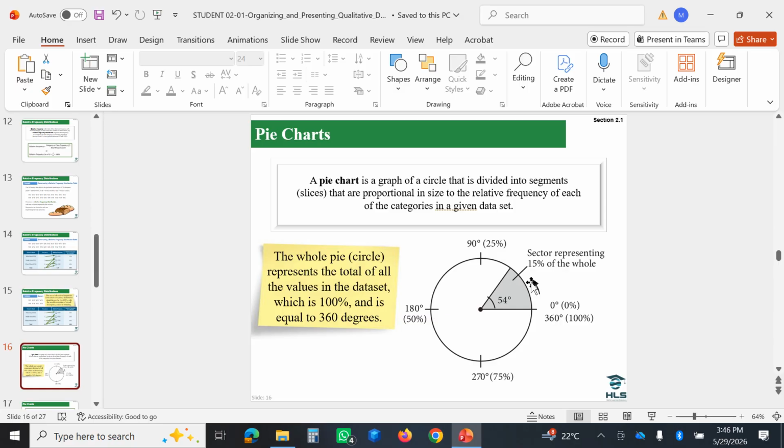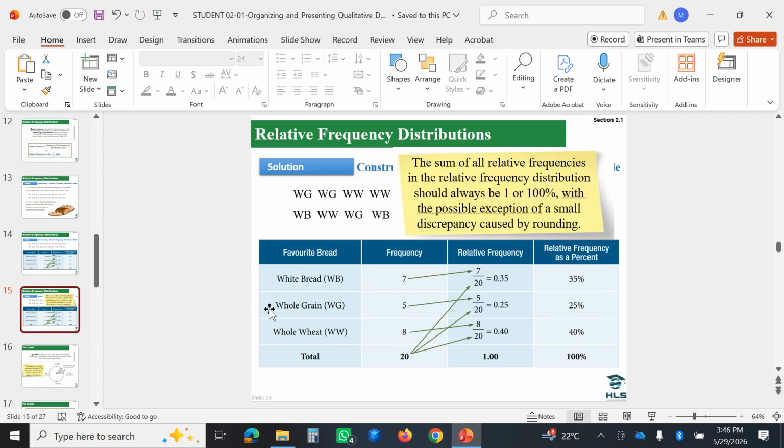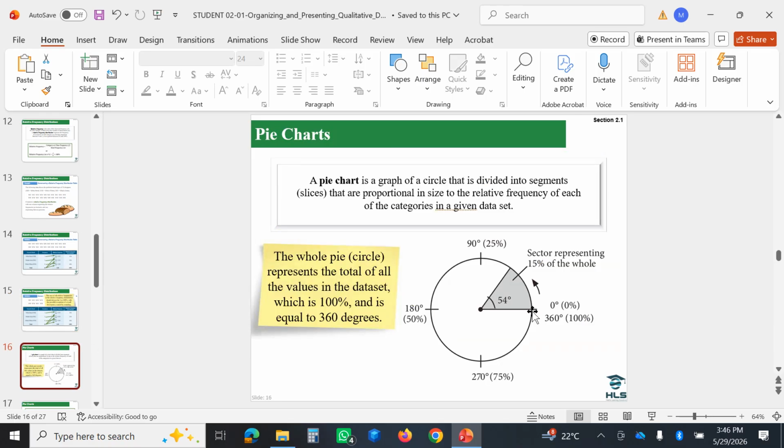Half of a circle is 180 degrees. A quarter of a circle, 25%, is 90 degrees. So for whole grain, you should be using a segment that is a 90-degree, 1/4 of the circle, right?